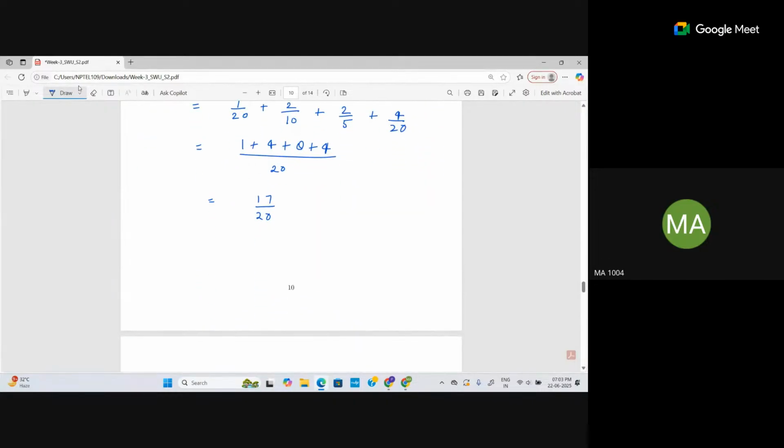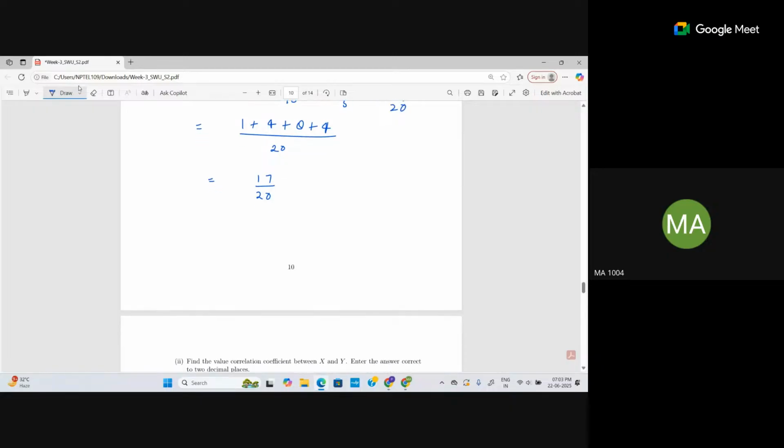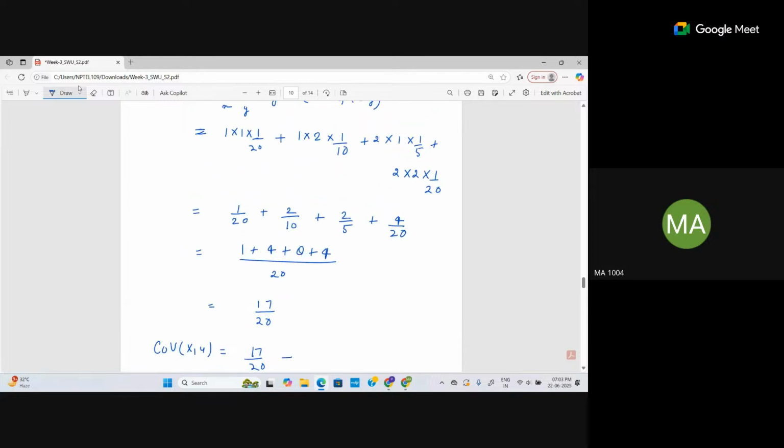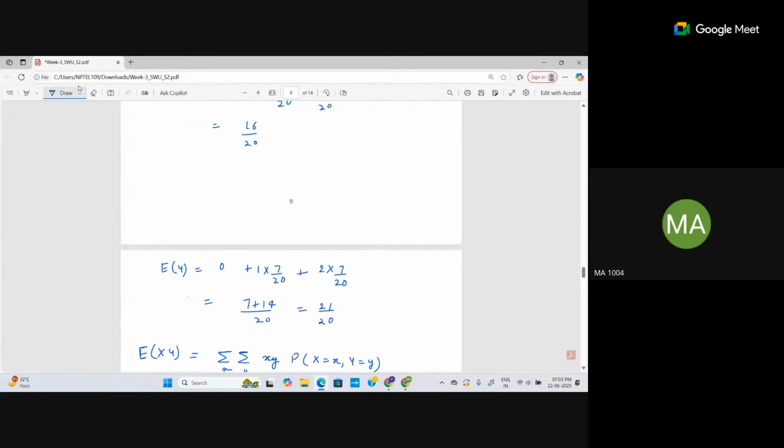Okay, so now we have calculated these values. From the covariance formula, expectation of XY is 17 by 20 minus expectation of X into expectation of Y. So 16 by 20 into 21 by 20.